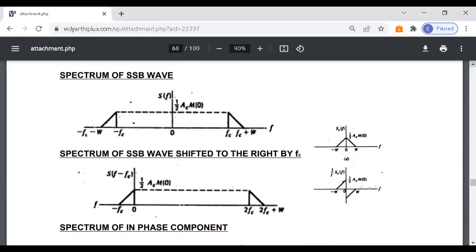But let's play some games with it. So we're going to shift it to the right.